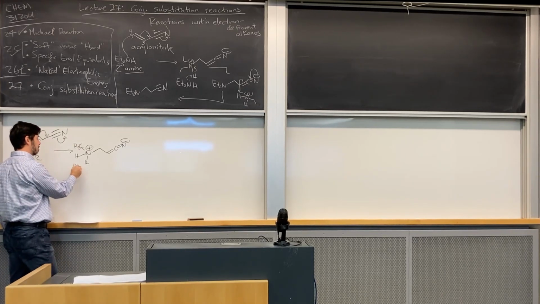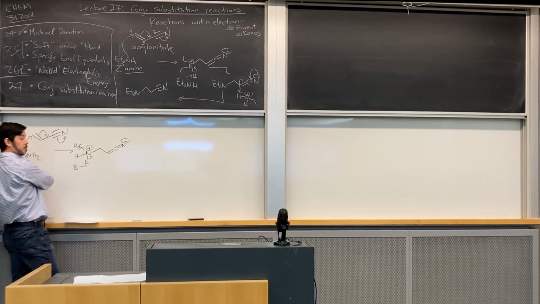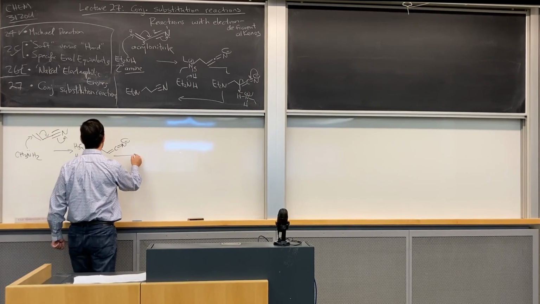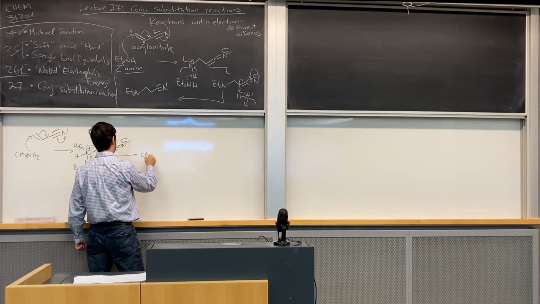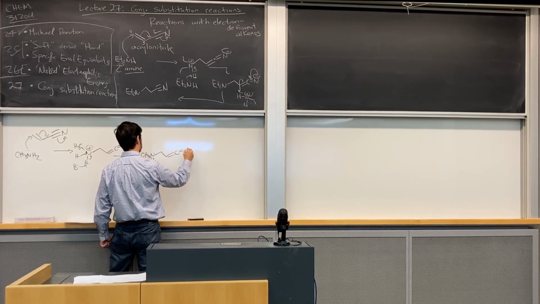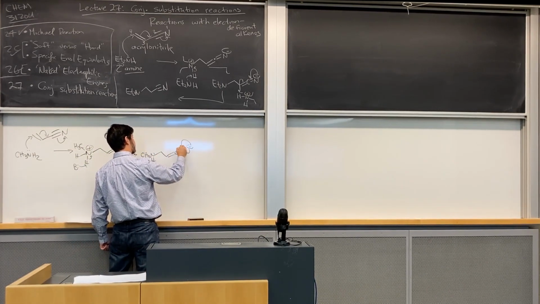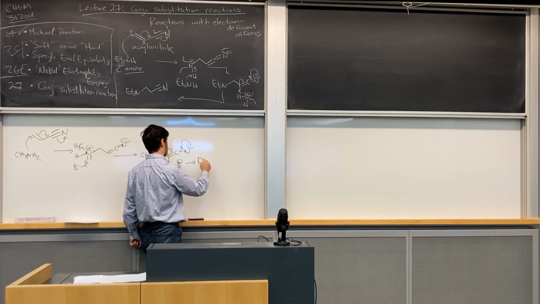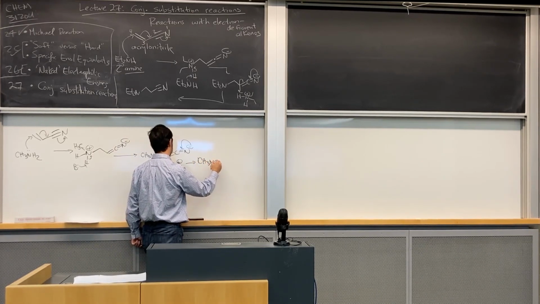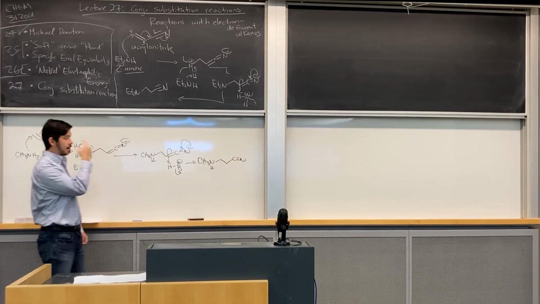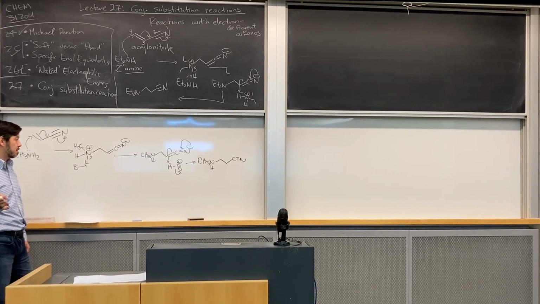Here I'll just show a generic Bronsted base, but that could of course be your methylamine. And then this will come pick up a proton from the conjugate acid. And that would be maybe your final product, right?